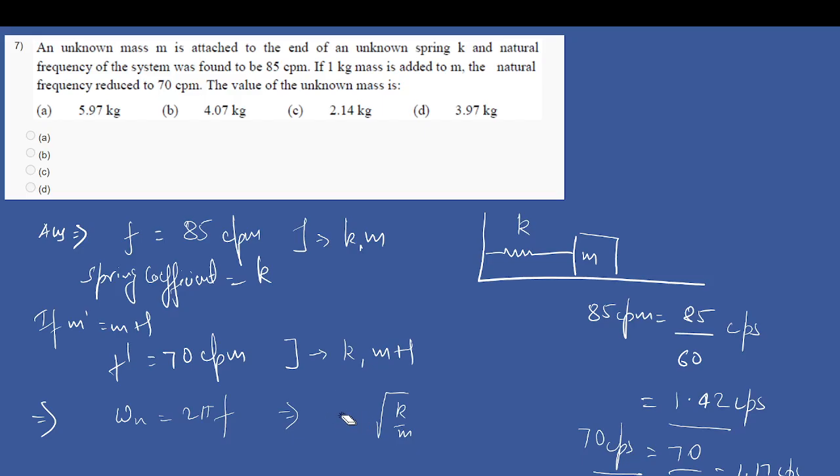Sorry, f is equal to 1 upon 2 pi root over k by m.